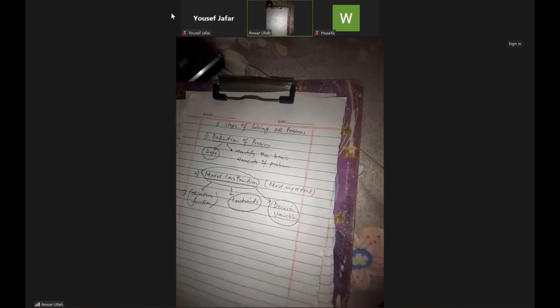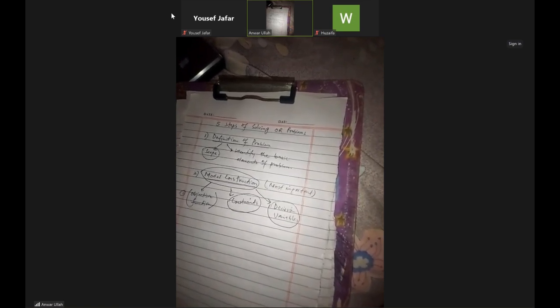And the third one is defining the decision variables. These decision variables will come from the definition of the problem. When we define the problem, the decision variables will come out of it. Like I just said, we have 3 products. So the decision variables come from the definition of the problem. When we study the scope of it, we have 3 products. It means that the number of decision variables will be 3.